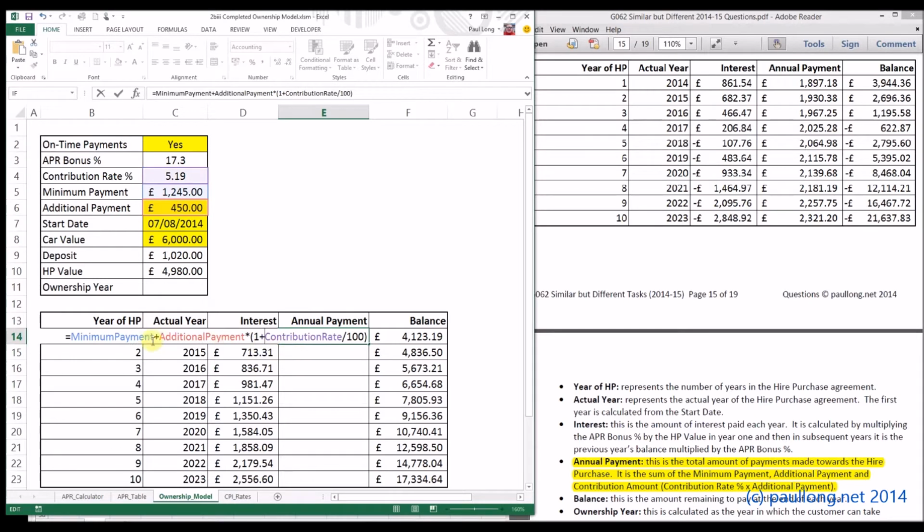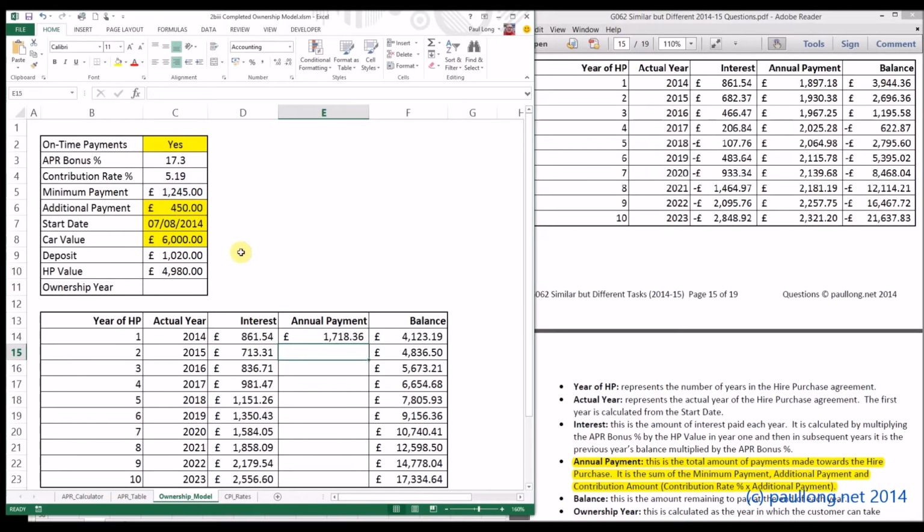So what that will do is it will do the minimum payment plus the additional payment times whatever the contribution rate is, 5.19 plus 1. So it will multiply that additional payment by 1.0519 in fact, because it's 5.19 divided by 100. So 1.0519, and that gives us exactly the same value.